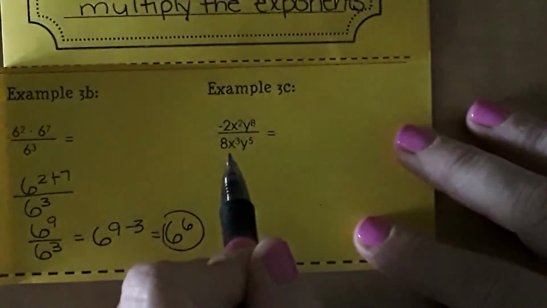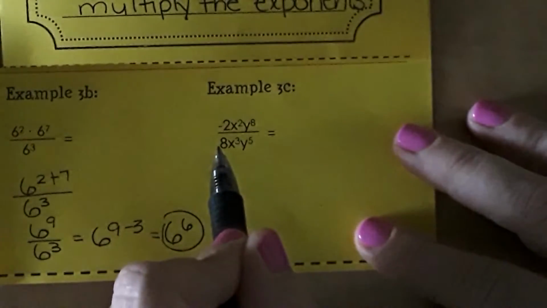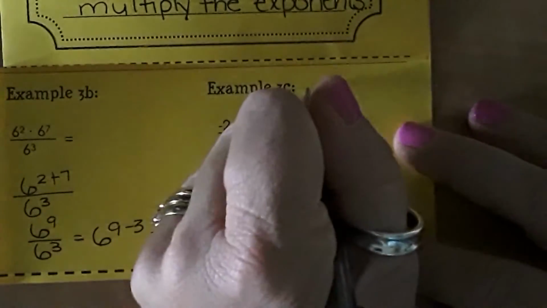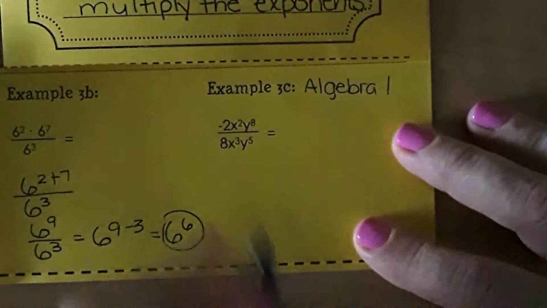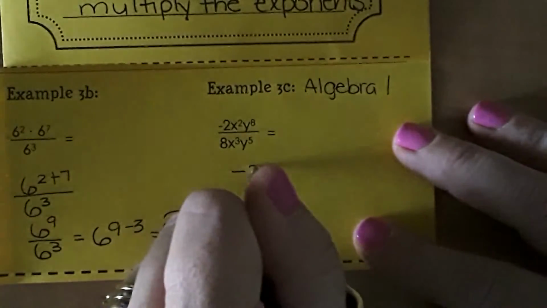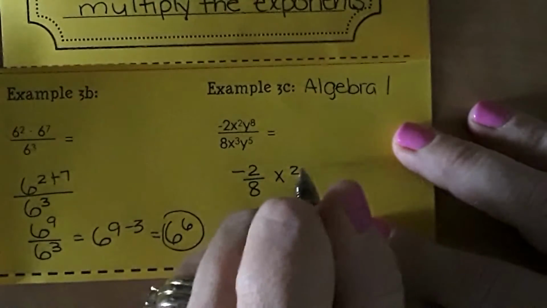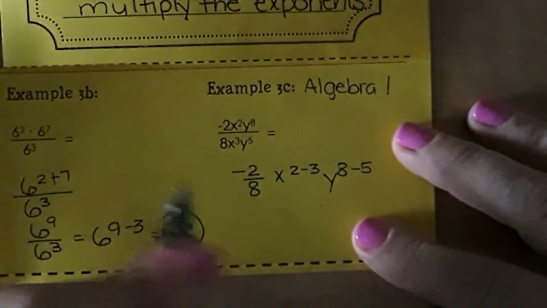The last component, we have negative 2x squared y to the 8th over 8x cubed y to the 5th. This again is kind of an algebra 1 concept. I'm just giving you an extra piece of information. This is negative 2 over 8, and then we're going to say x, 2 minus 3, and then y, 8 minus 5.